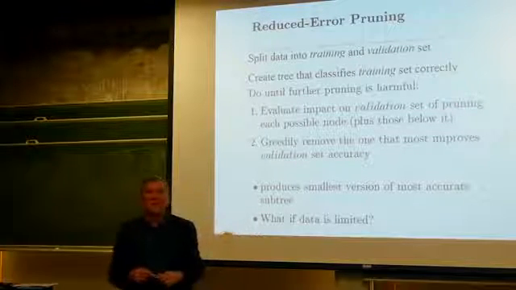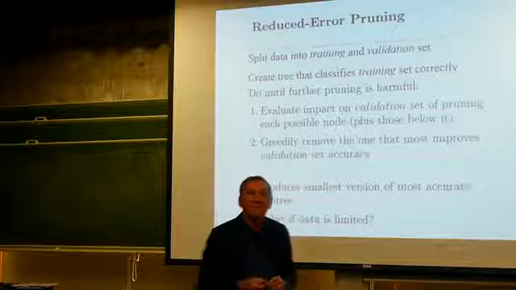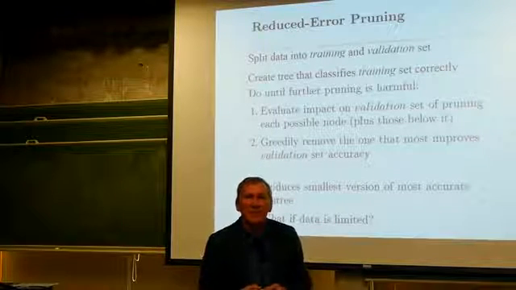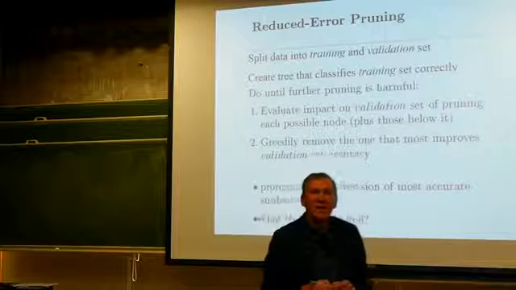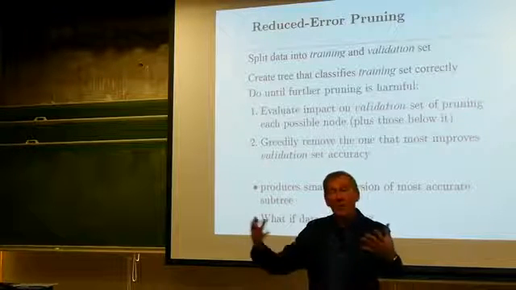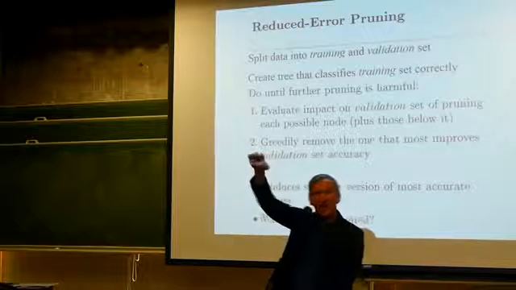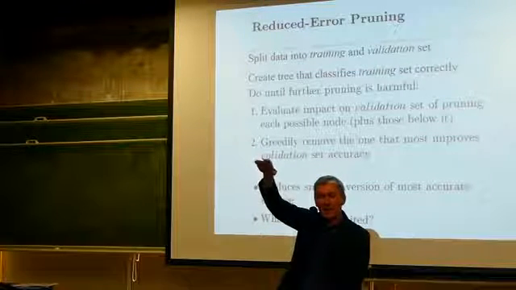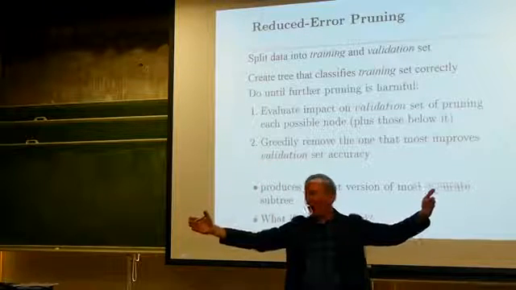Yes? Sir, in the previous slide, how are we getting the accuracy measure of the tree over the trained data? Oh, so I'm assuming I'm given initially a set of this many labeled examples.